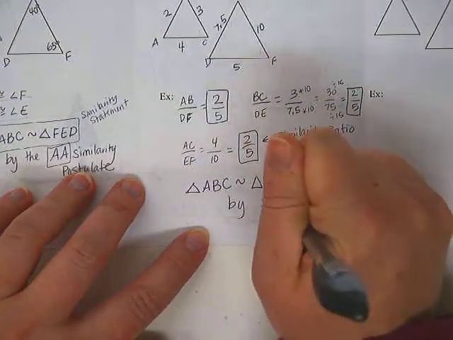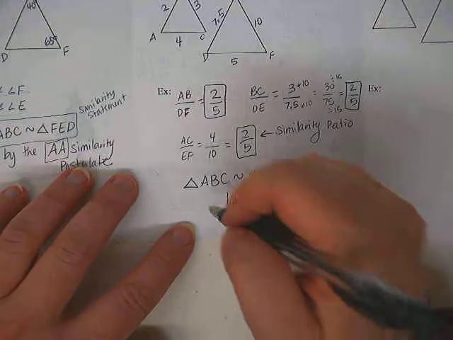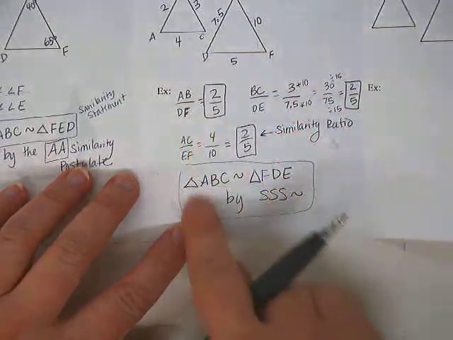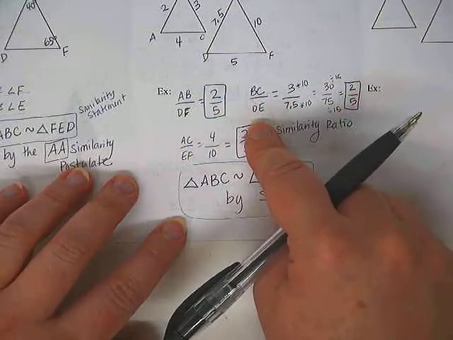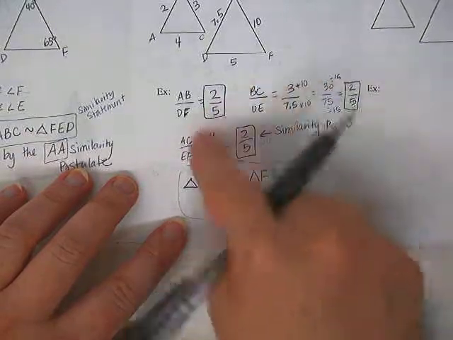Letter E. So see how I was so careful to make sure they line up correctly based on the information in the picture? And that is by the SSS Similarity Postulate.